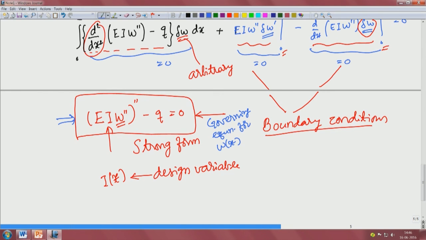Similarly, for dynamics, Hamilton's principle will give you the dynamic equation, which we will discuss in a later lecture when we look at the role of calculus of variations in dynamics. Thank you.